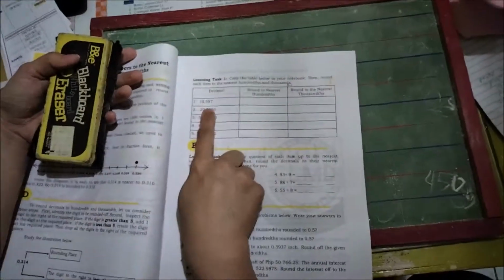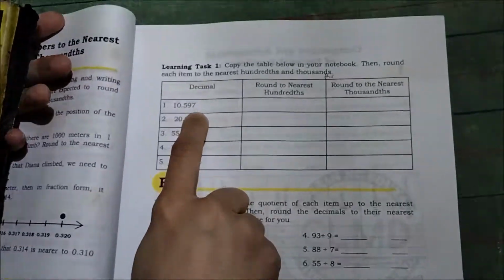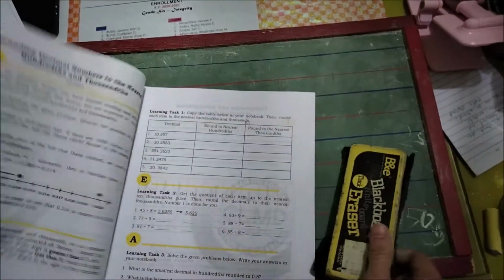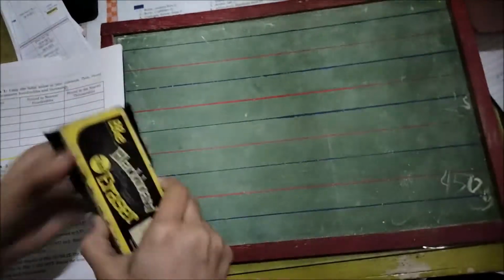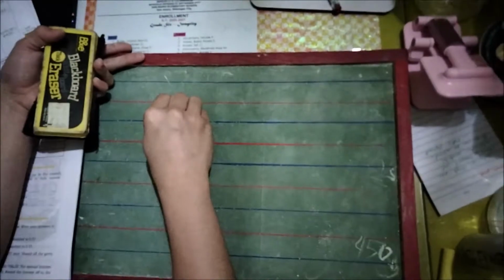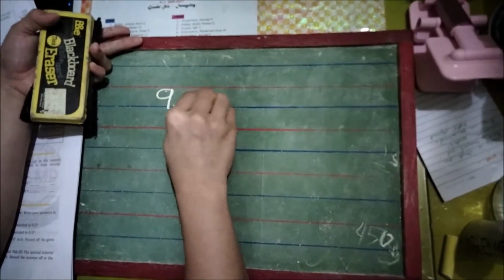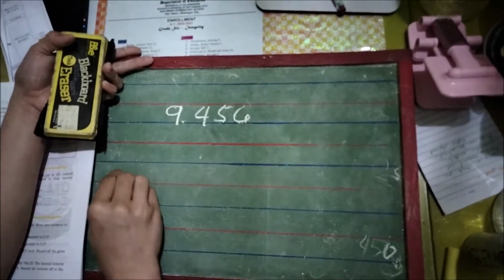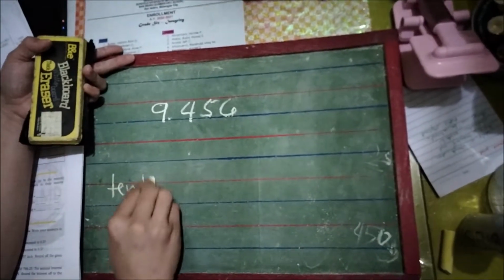Learning task 1, we have here the given, and then round to the nearest hundreds, round to the nearest thousands. In rounding off, it is explained here. I will just summarize. If I have 9 and 456 thousandths, round off to the nearest tenths.